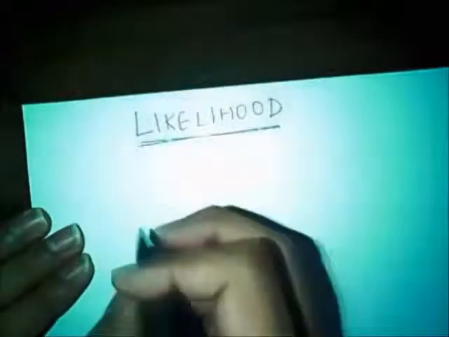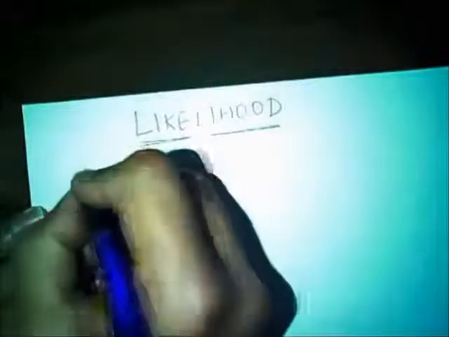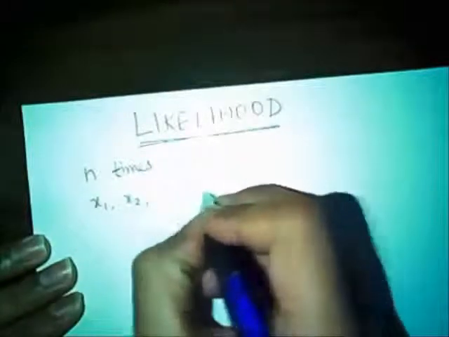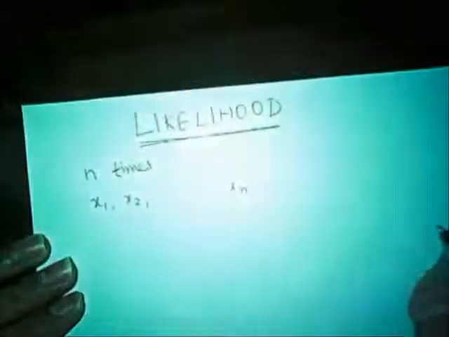Now that we know what the Bernoulli distribution is, let me introduce the topic of a likelihood. So let us assume that I have tossed the coin n times and I have obtained the outcomes x1, x2 up to xn.